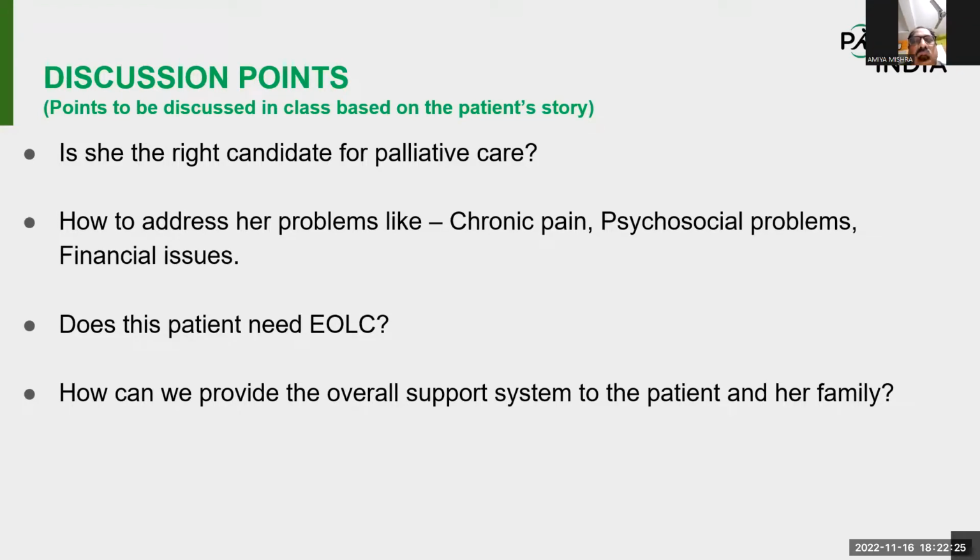It's multidimensional, not only physical pain, because she belongs to a lower middle class family, and her husband is a teacher, and they run the family on a very low salary. Here, the patient is now not talking to her family members. She wants to stay quiet in her own room.